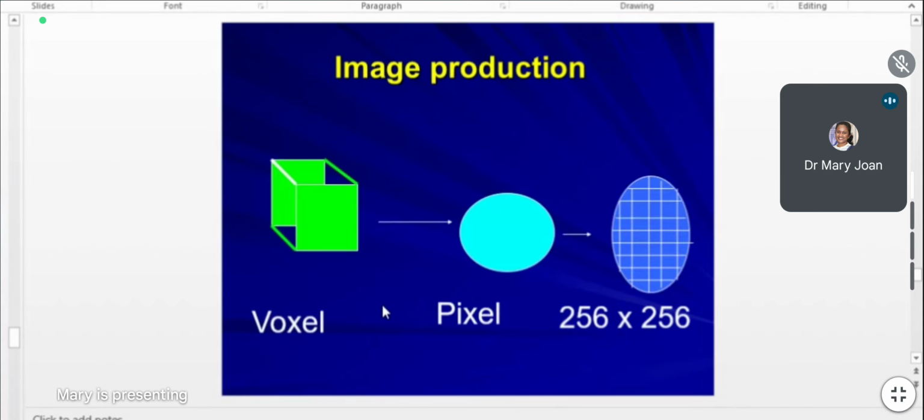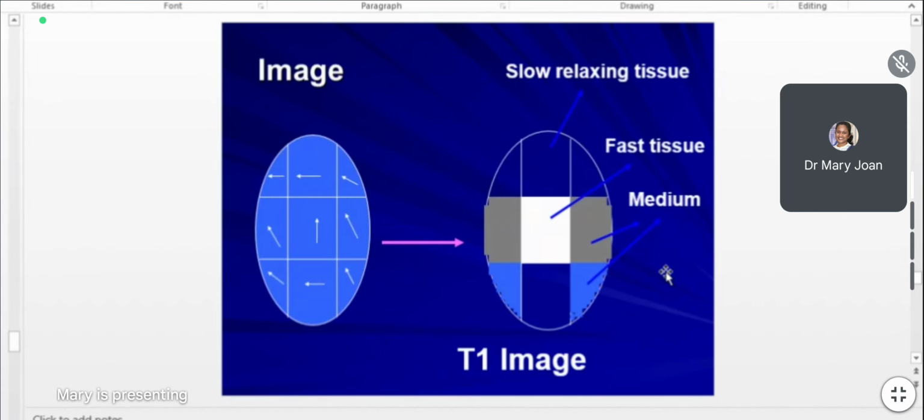A voxel is the three-dimensional version of a pixel, and the pixel has a matrix arranged in rows and columns. Here the information is there: to what extent the relaxation and the magnetization took place.